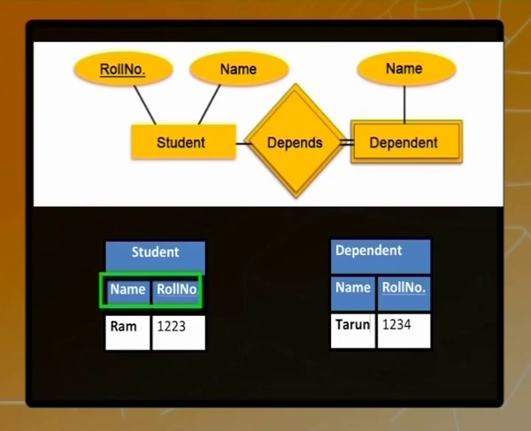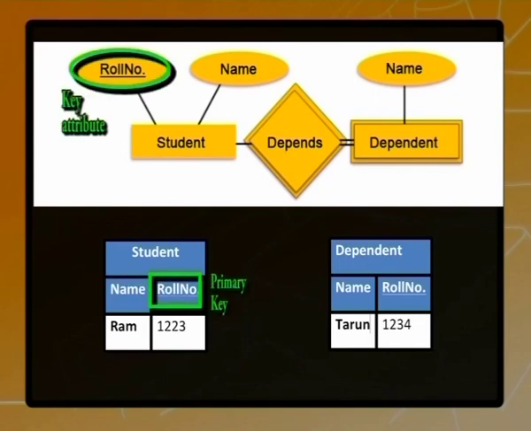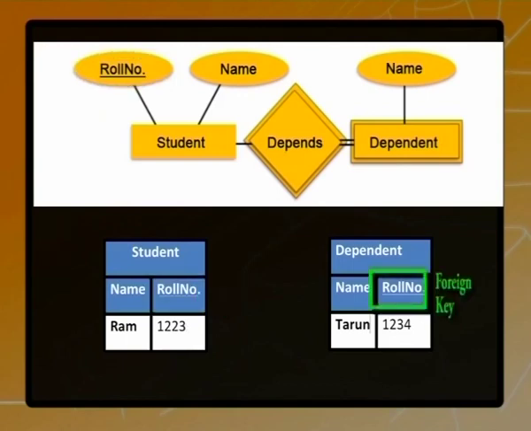And second relation student with attributes name, that is student name, and roll number, where roll number is its primary key. Both the relations are related to each other through the attribute roll number, acting as a primary key in the relation student and as foreign key in the dependent relation.